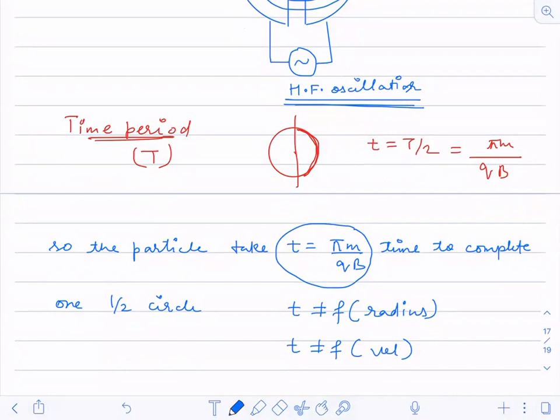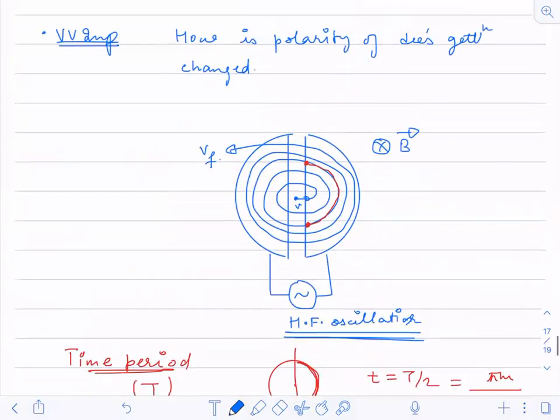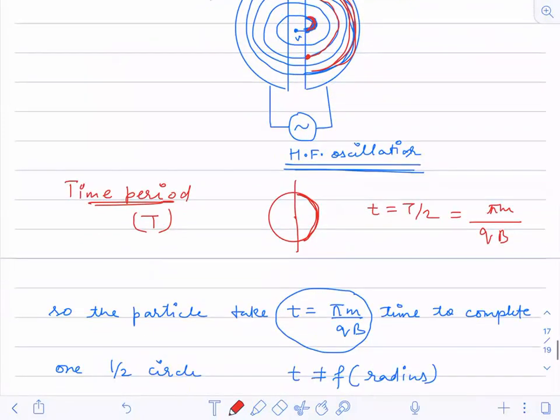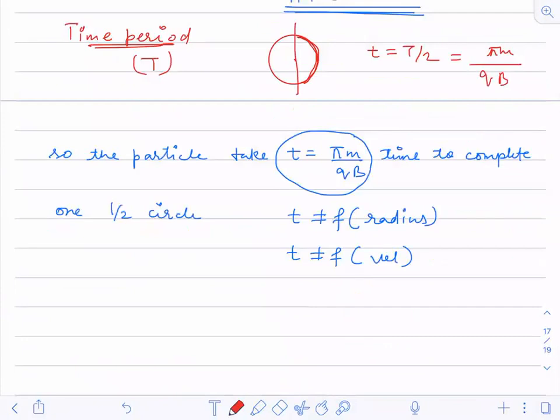So whether I take the smaller one or the larger one, will the time be the same or different for changing the polarity? It will be the same. Good. So now how will you set the frequency? You have to understand that.